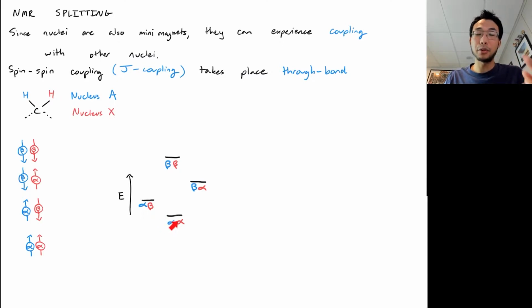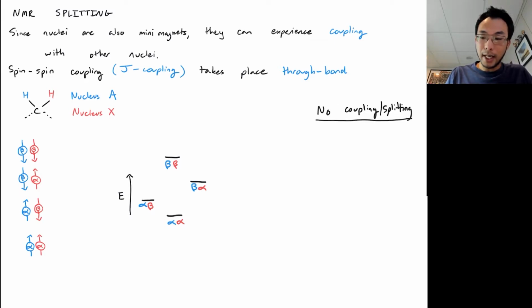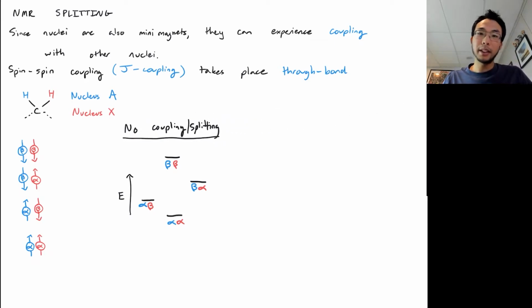So actually for two nuclei that are coupled together, there are four possible energy levels. Spins both alpha, alpha beta, beta alpha, beta beta. This is a situation where there's actually no coupling or splitting in the NMR. So there are four different energy levels, but there is no coupling in this situation.